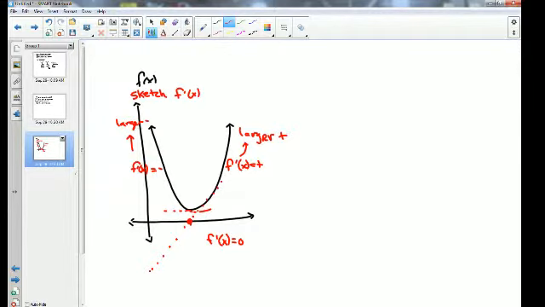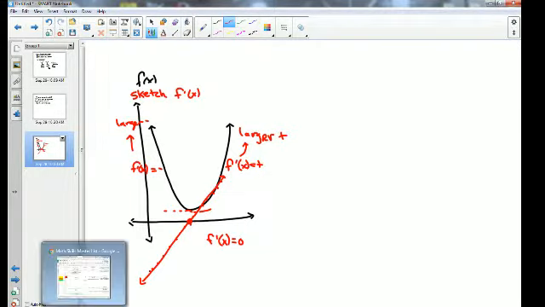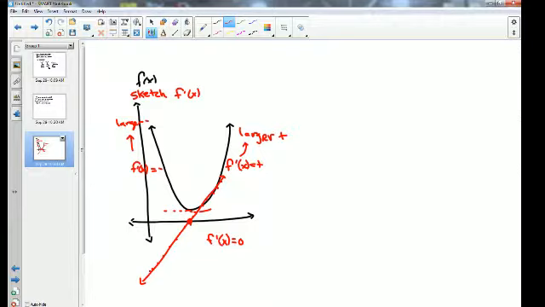So if you graph the derivative, a sketch of it will look like that. I always base it off where the derivative is 0, because that we know is an accurate spot, and then we just say positives or negatives.